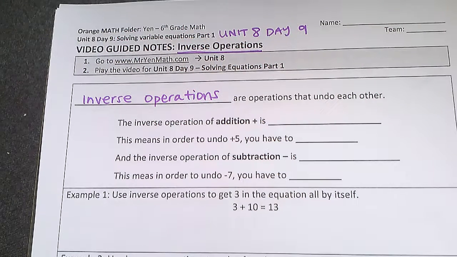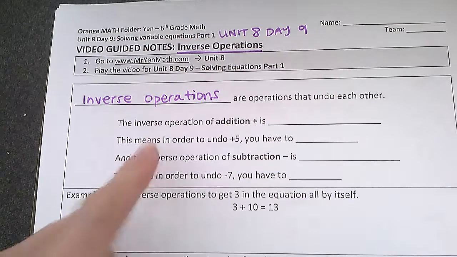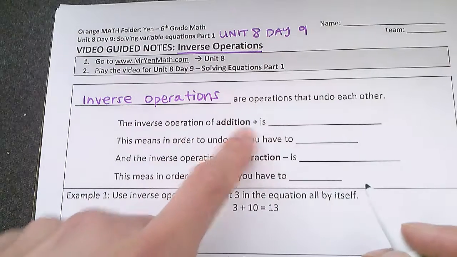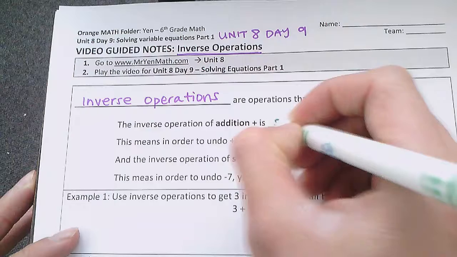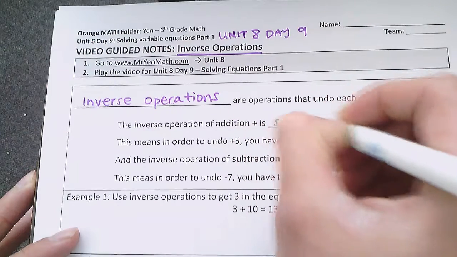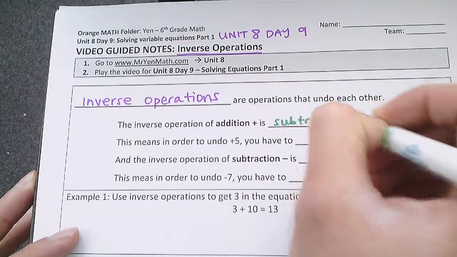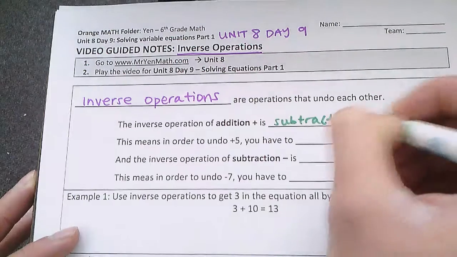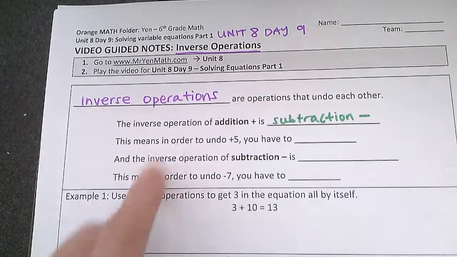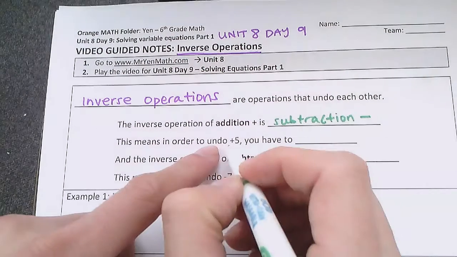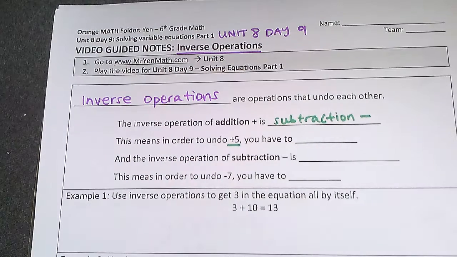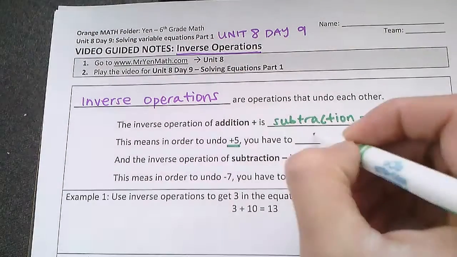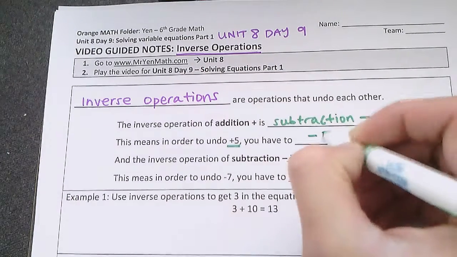So, for example, the inverse operation of addition, or like the opposite of addition, is subtraction, or like a minus. This means in order to undo plus 5, so if you added 5 and you wanted to undo that, you have to minus 5.